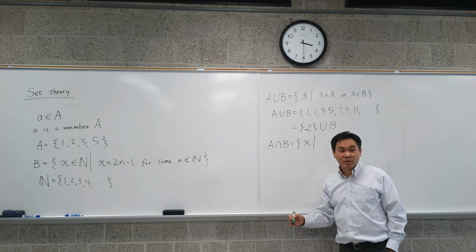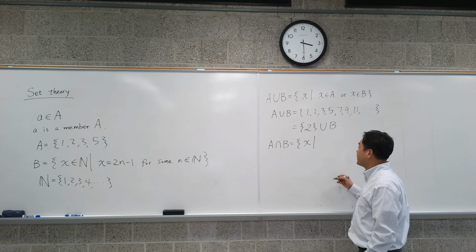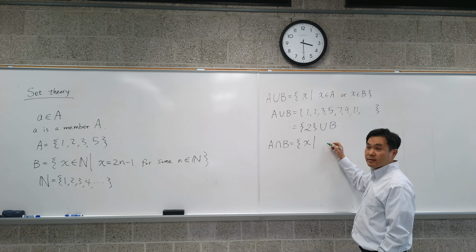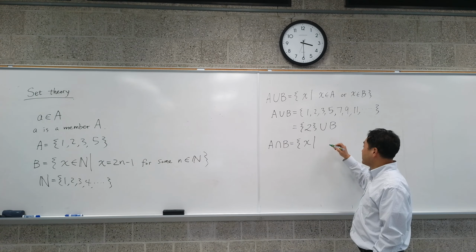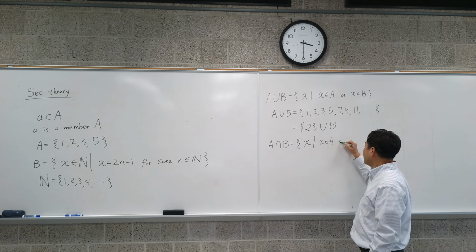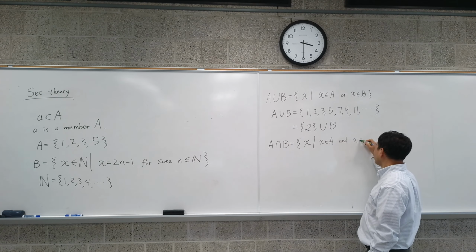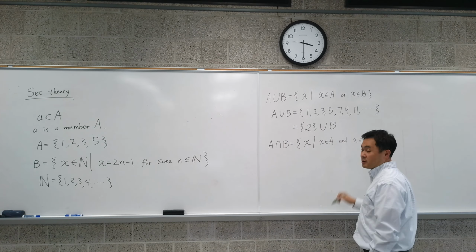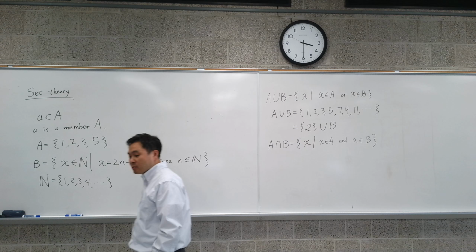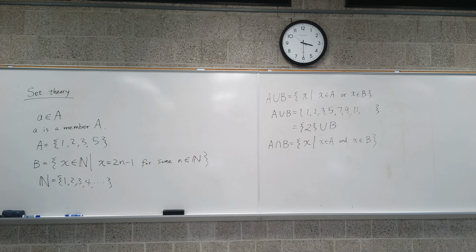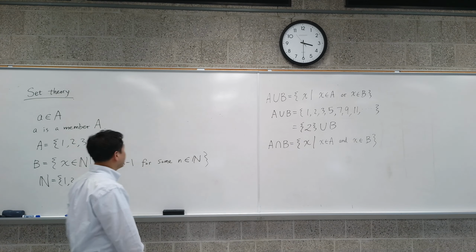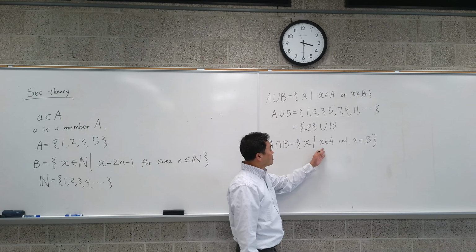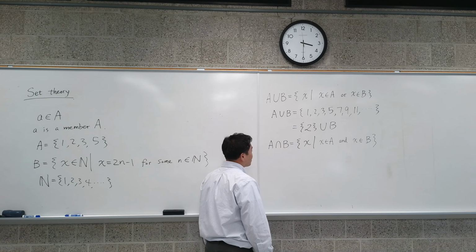A intersect B would be x in A and x in B. So you're collecting members of sets that belong to both.